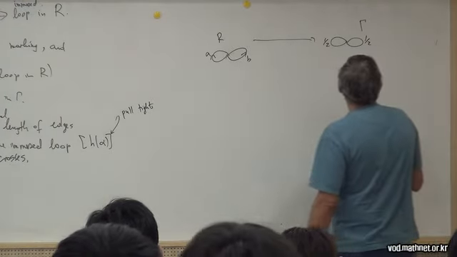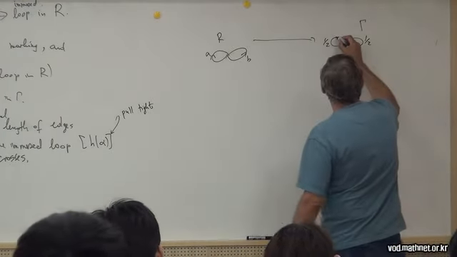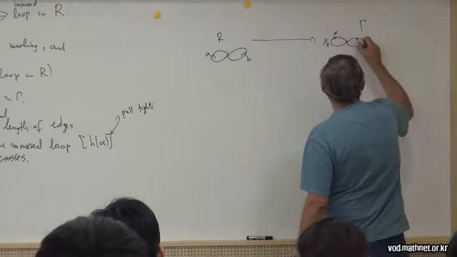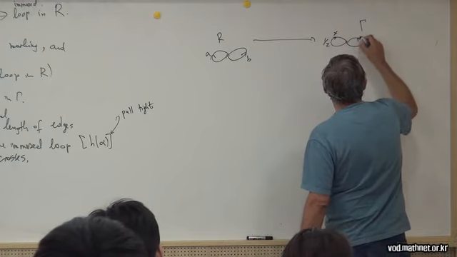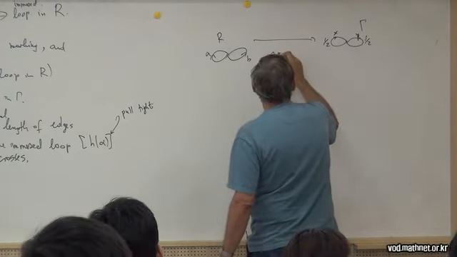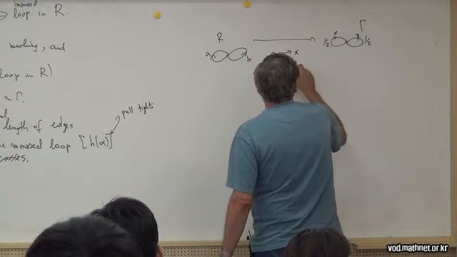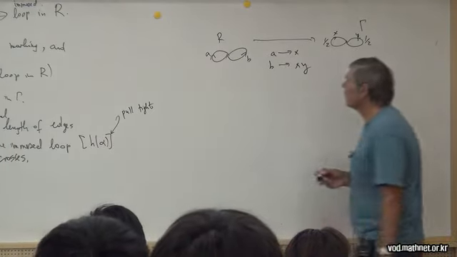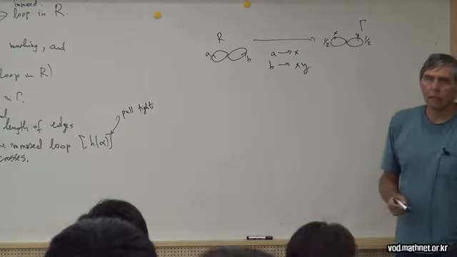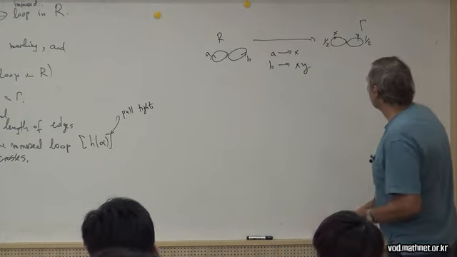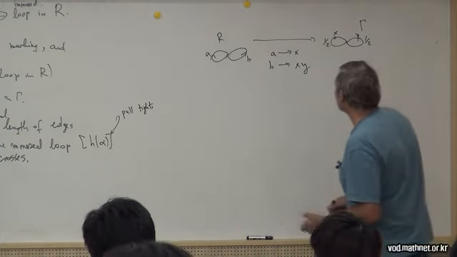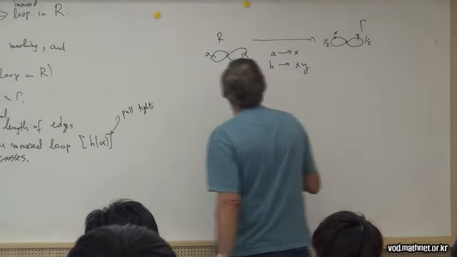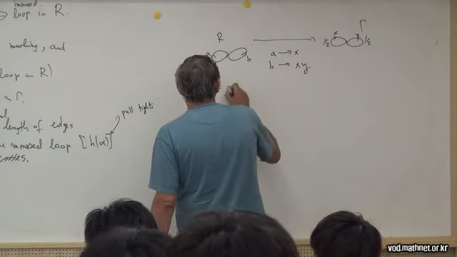Let's call this edge x, and let's call this edge y, and let's say this map sends A to x and B to xy. Okay, here's a marking, and then I take the conjugacy class, say AB. So I take alpha to be AB, right?